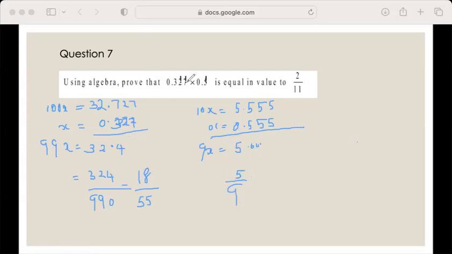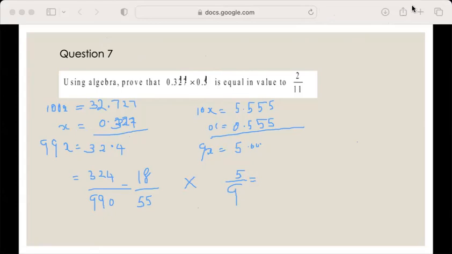So now we have two fractions. For the first decimal number, the fraction is 18 over 55. And for the second one, 0.5, the fraction is 5 over 9. So it is multiplied. So 18 over 55 multiplied by 5 over 9. That's the question. So let's work out this.